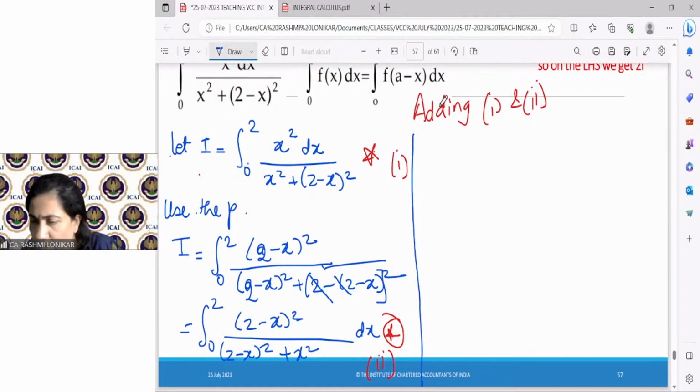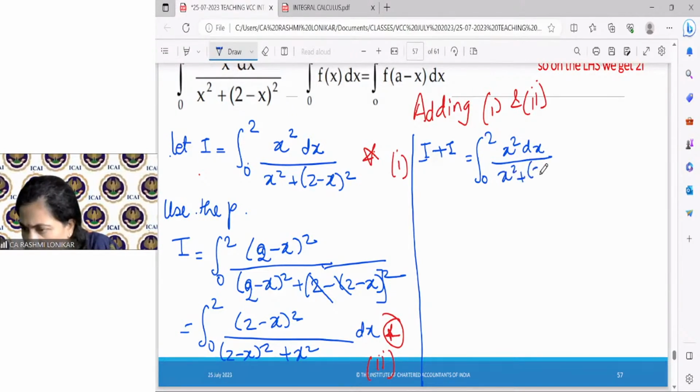This I plus this I is equal to integral 0 to 2 x square dx upon x square plus 2 minus x the whole square, plus integral 0 to 2 minus x the whole square upon x square plus 2 minus x the whole square dx.